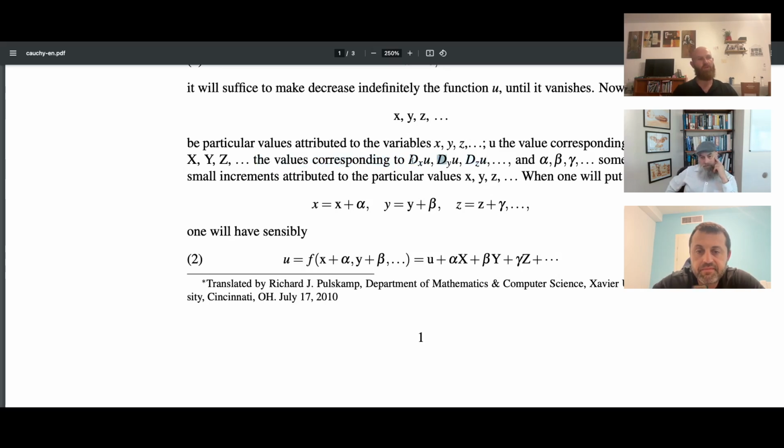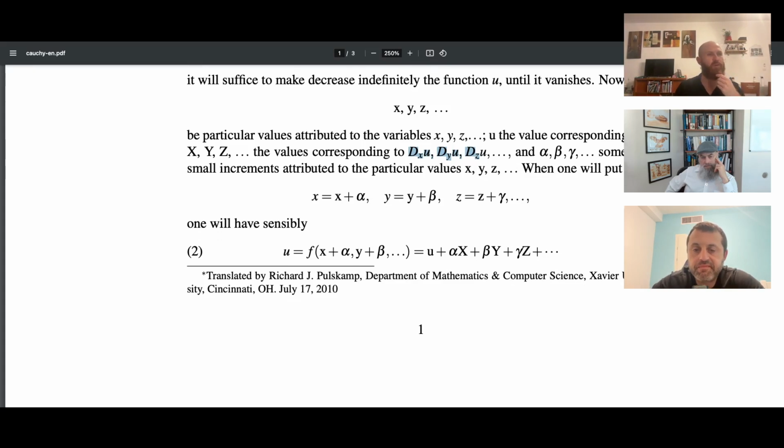I view it as a derivative, right? Yeah, partial derivative. And alpha, beta, gamma, some very small increments attributed to a particular value.